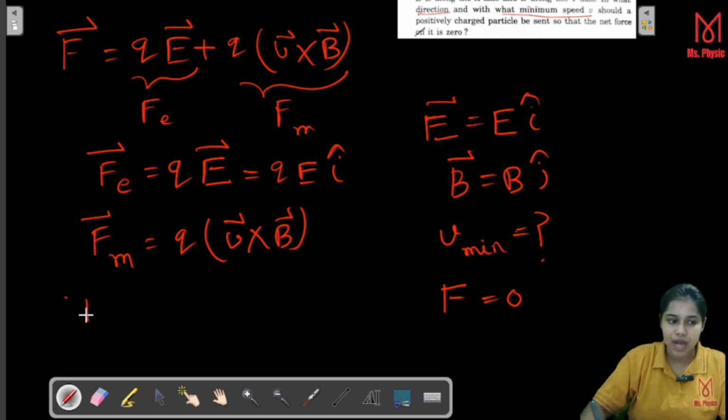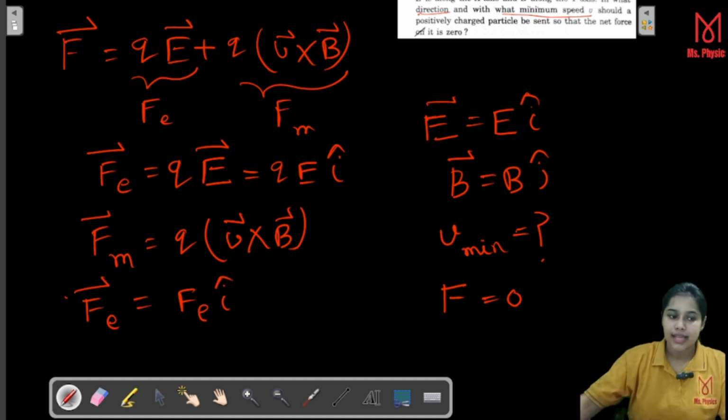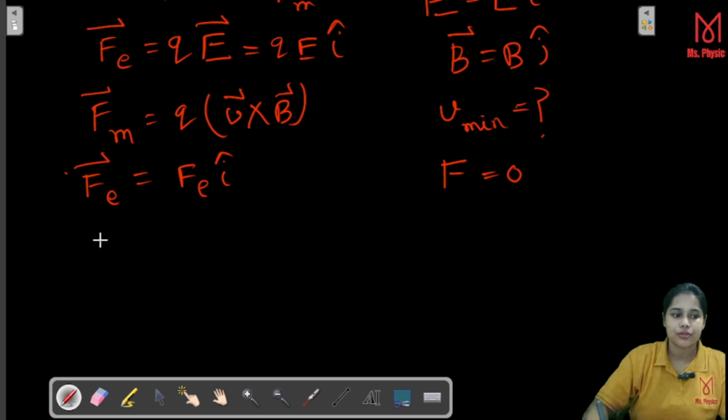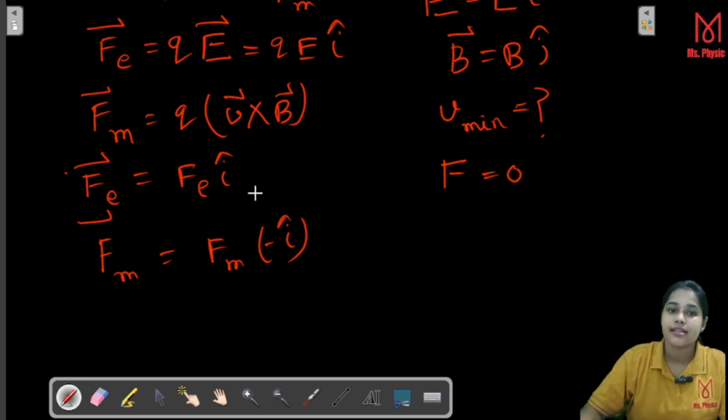That means what I am trying to say that Fe is equals to Fe i cap. It is clear? Therefore, Fm also need to be in opposite direction. Opposite direction means Fm minus i cap. I can consider it for getting F to be 0.